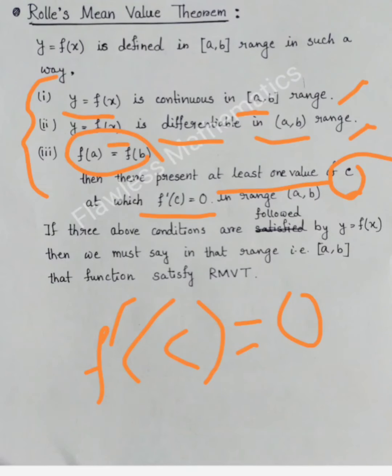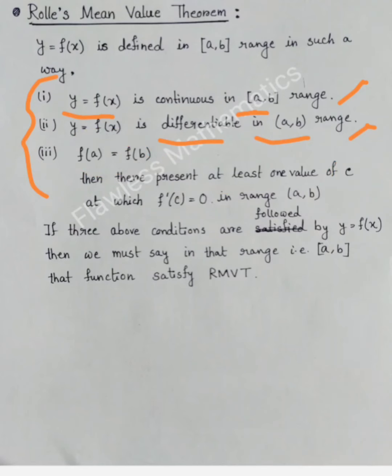There may be more than one value, but there must be at least one value of c, and that c belongs to a comma b in the open interval, not the closed interval. Now if these three conditions are followed by y equals f of x, then we say that in that closed interval a comma b, the function satisfies RMVT.